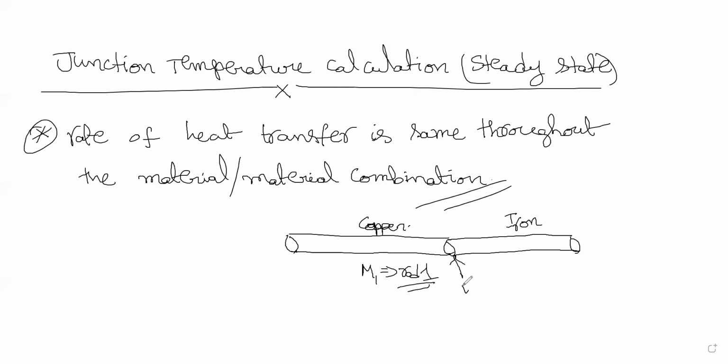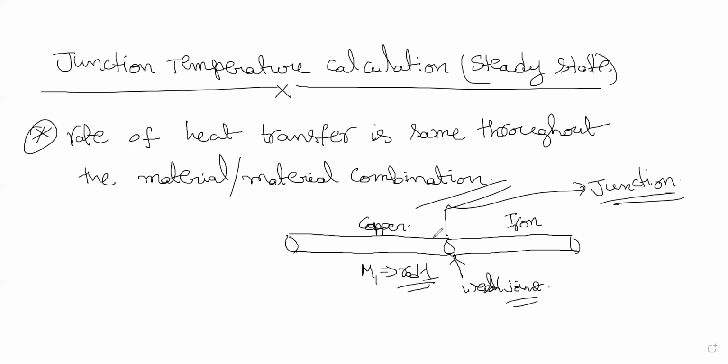They'll tell you they have taken two rods, one copper and one iron, with a weld joint, and this weld joint is called the junction.